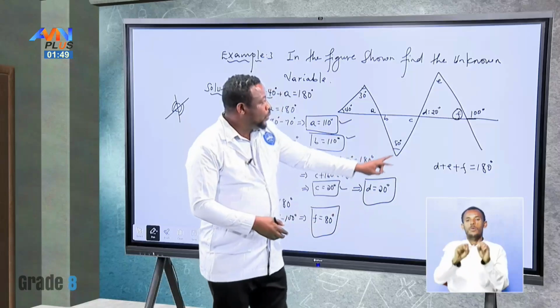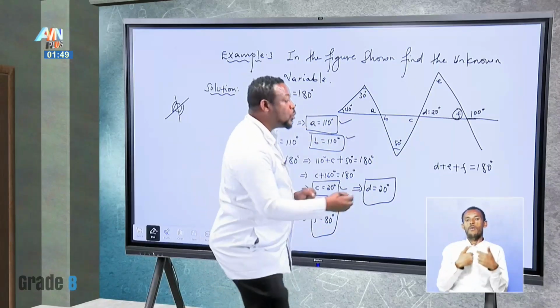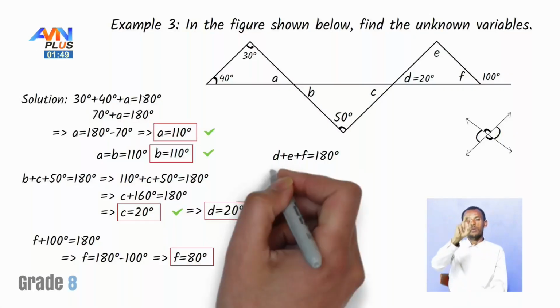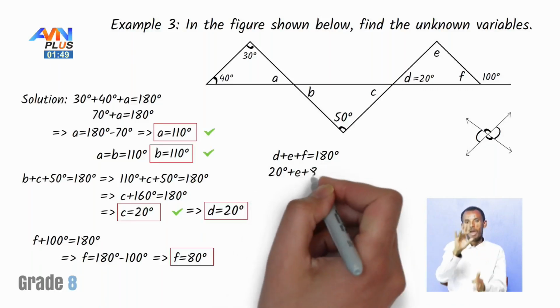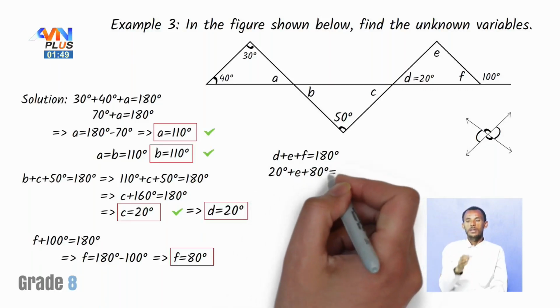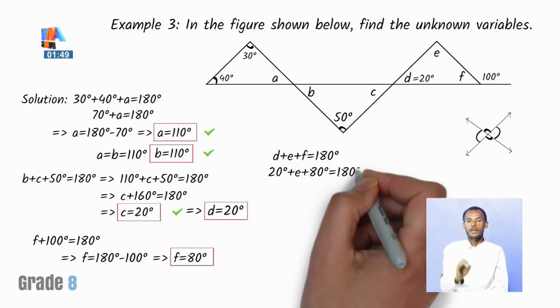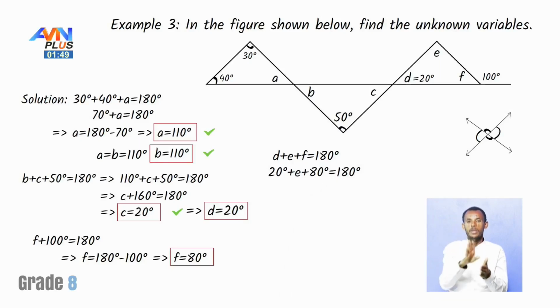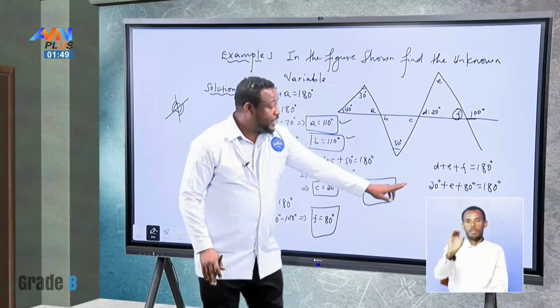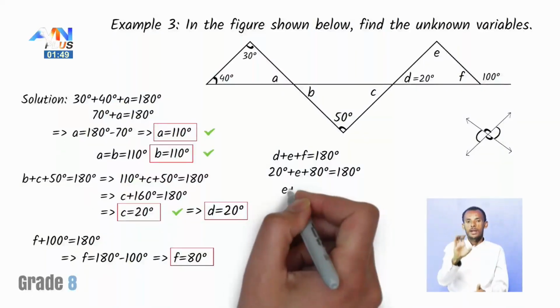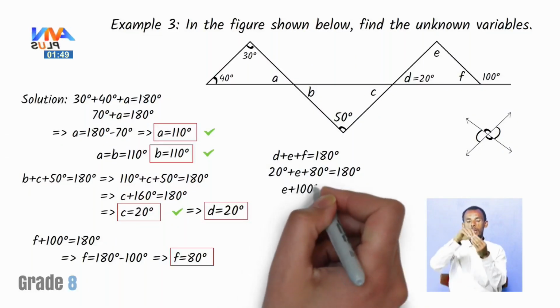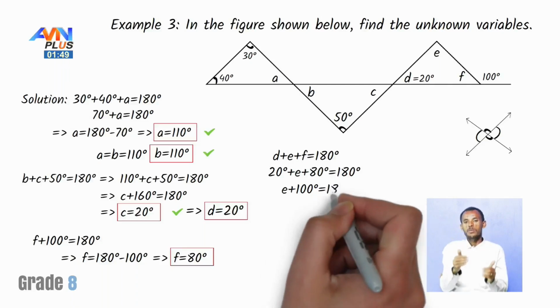Now, we already have the D value, which is 20 degrees, plus E plus F is 80 degrees. This must be 180 degrees, right? So the sum of these two is 100. So E plus 100 degrees is 180 degrees.